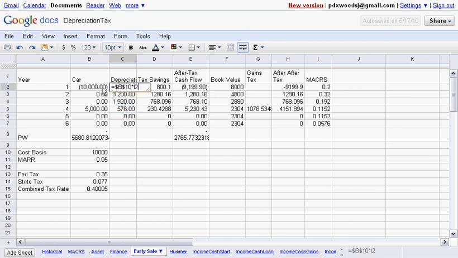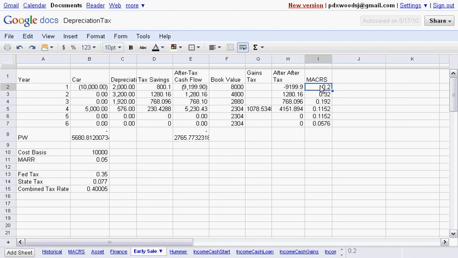Remember that depreciation is always just going to be the cost basis of the car, that $10,000, times the number that's in that modified accelerated cost recovery system table. So in this case the depreciation the first year is just $10,000 times that 0.2 that's right there, because you get 20% of the cost basis as depreciation the first year.